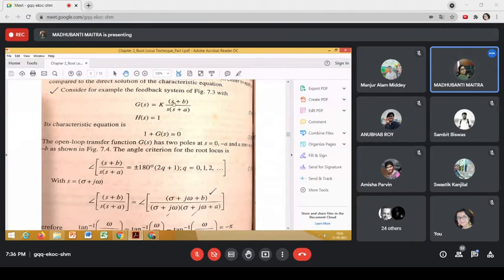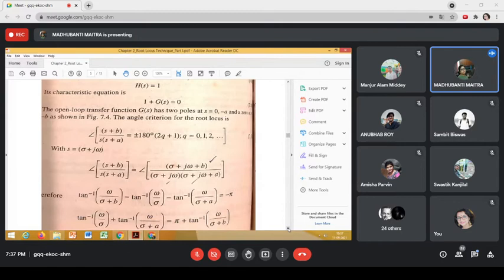Now to check the angle criterion, we'll have to find the angle of G(s). In this case, P(s) is G(s). So for the angle of G(s), K is a gain, so it will not contribute towards the angle. So we consider the angle contributed by the open loop zero and the angles contributed by the open loop poles. To satisfy the angle criterion, or for finding the root locus, this angle should be equal to plus minus 180 degrees (2q plus 1).